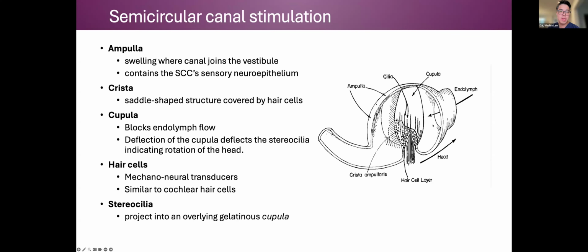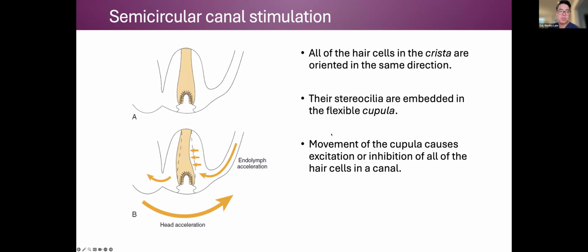The hair cells are oriented in the same direction, and whenever there's an endolymphatic acceleration, it pushes the cupula, which moves all the hair cells in a certain direction. This causes the signals that initiate the VOR response.